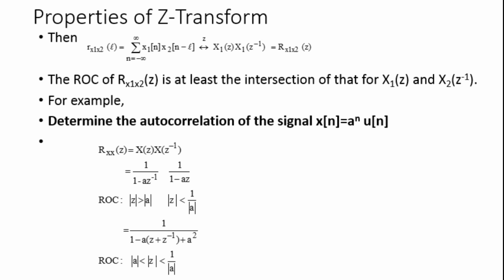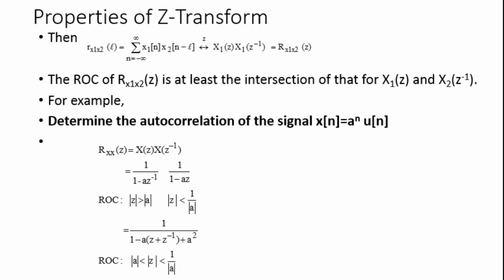If we take the z transform, we get X1(z) X2(z^-1), which is the correlation R_x1x2(z). The ROC of R_x1x2(z) is at least the intersection of that of X1(z) and X2(z^-1).